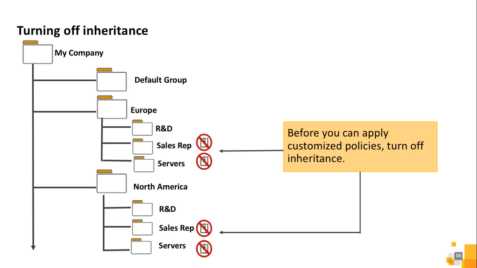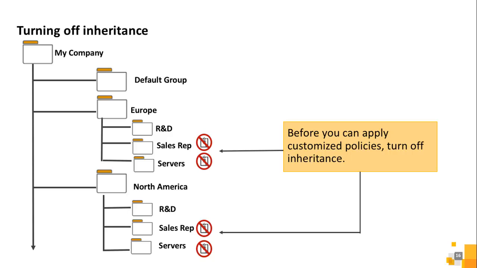Before you can assign a customized policy to a particular group, you must turn off inheritance at that group's level. When inheritance is on, all policies and settings are read-only and must be modified at the parent level, or above if the parent group itself is inheriting from a group above it.